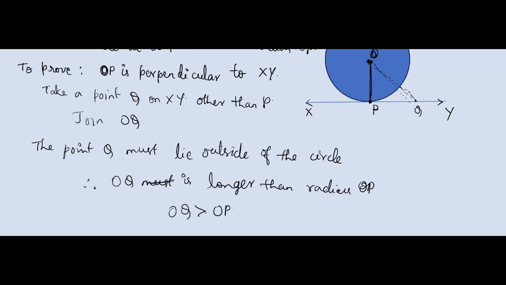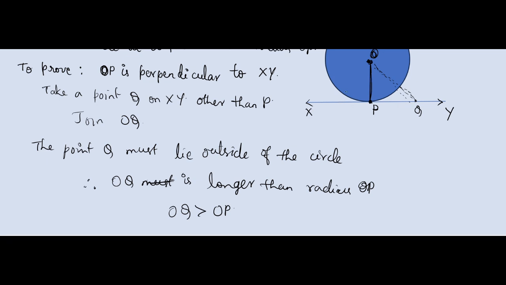If we take each and every point on this tangent XY except this P, all will stay outside, all will lie outside of this circle.